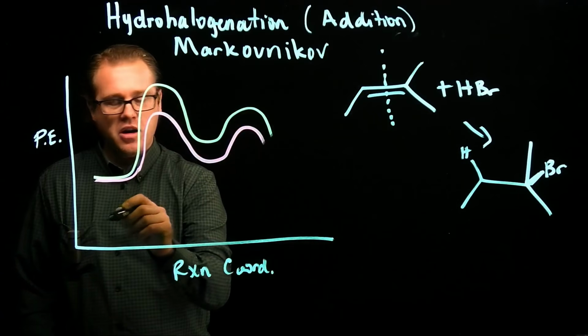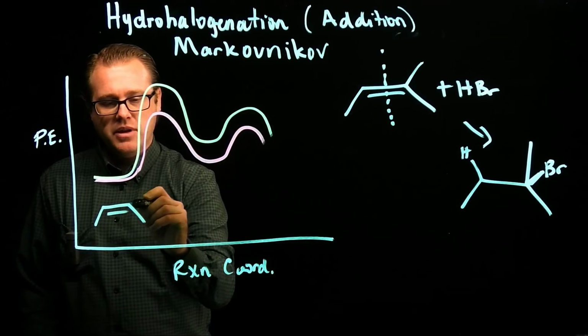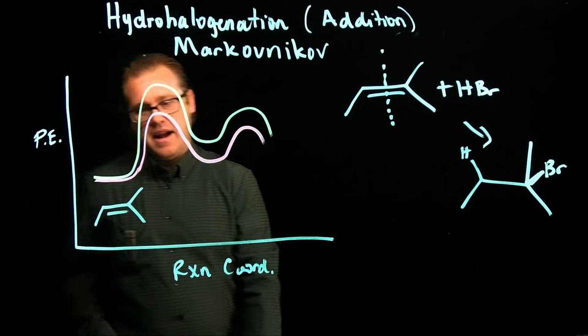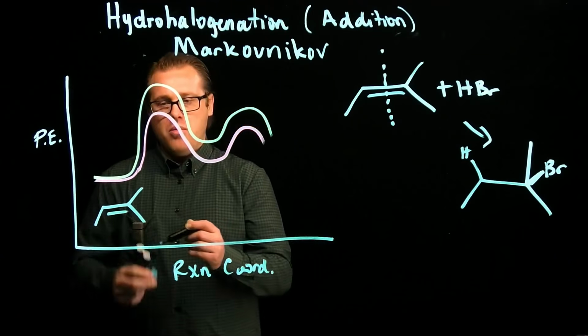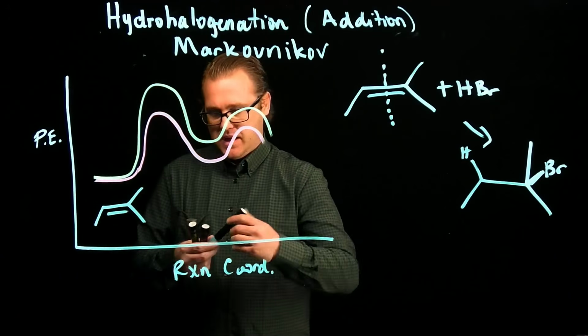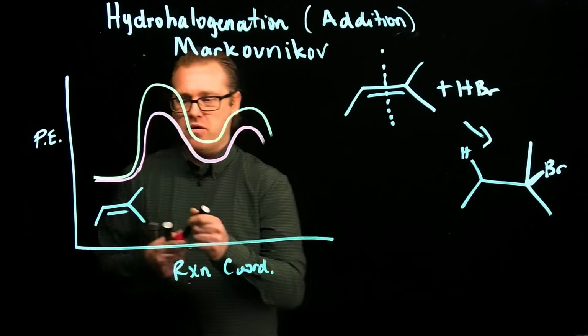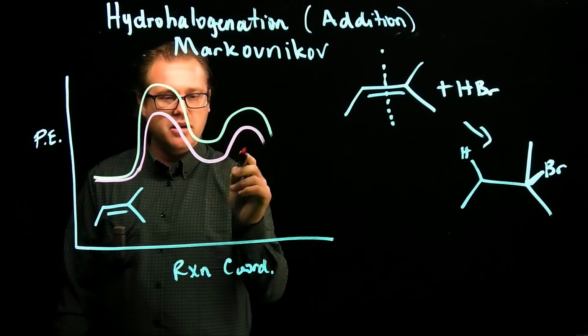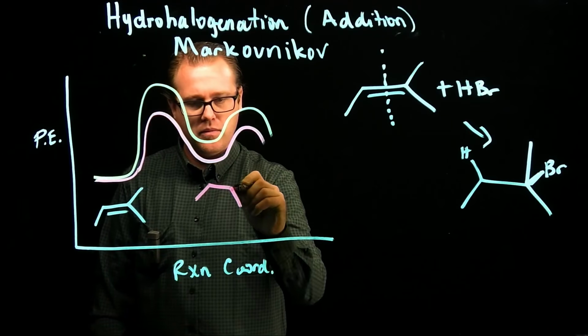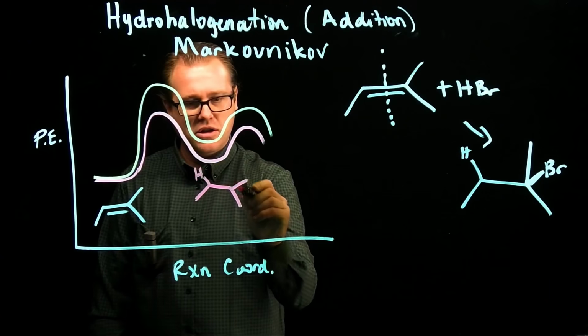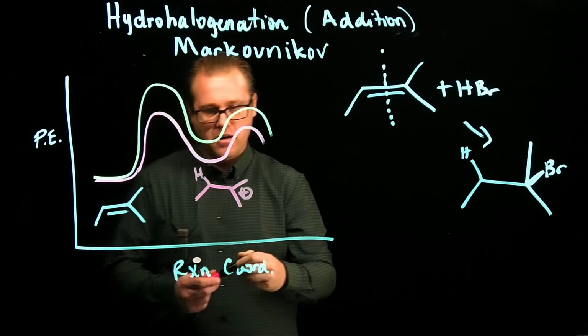But we can also look at it from energetics. Why does the Markovnikov product predominate? We start with the alkene here, but if the hydrogen follows the Markovnikov rule, we get this intermediate right here, H, and then we get a carbocation over there.